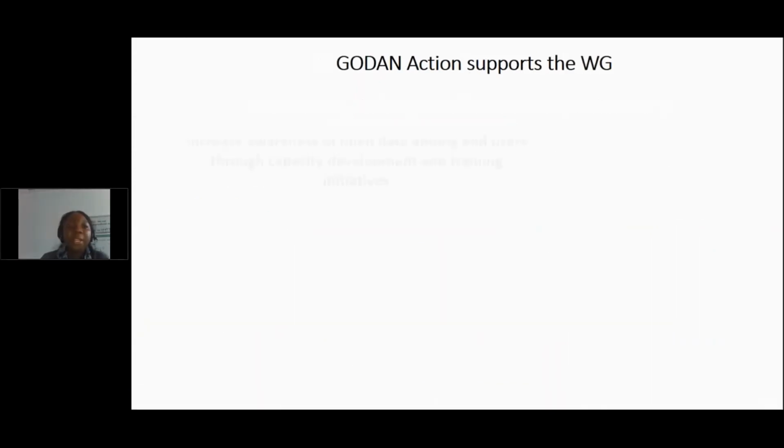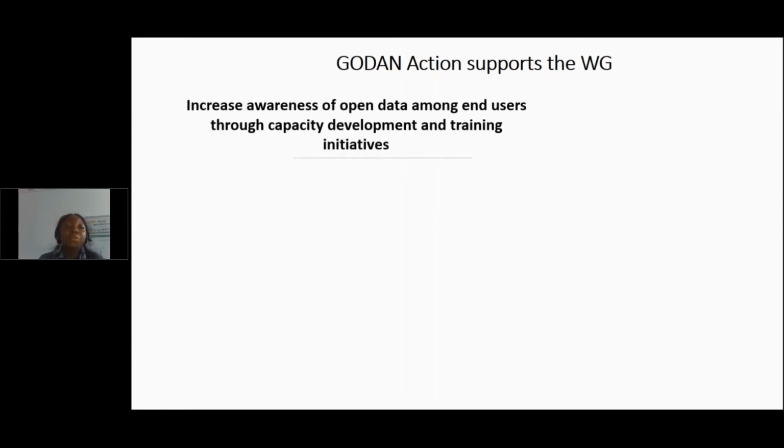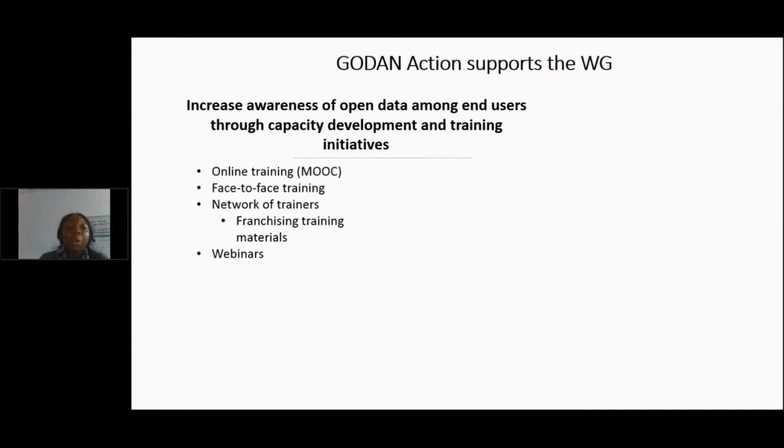Okay, so the next area is increasing awareness of open data amongst the end users of these training initiatives. What we have planned in our capacity building plan is to carry out several training events and online trainings. We are developing an online course curriculum which we are going to run as a MOOC.